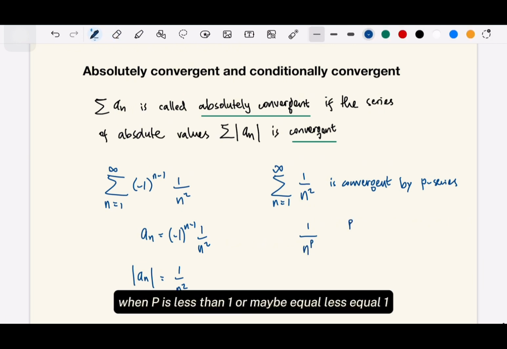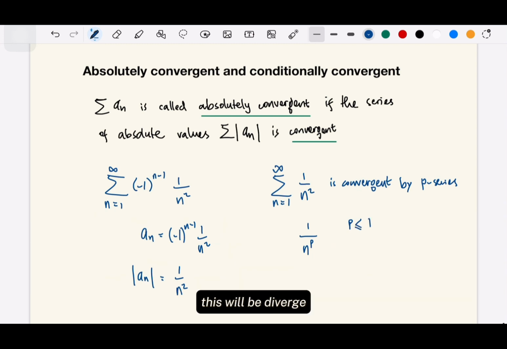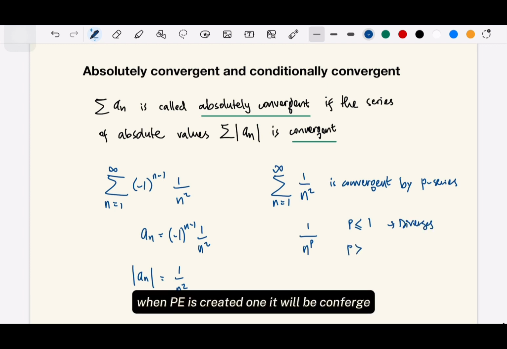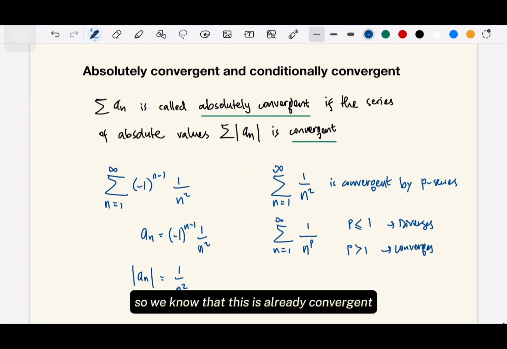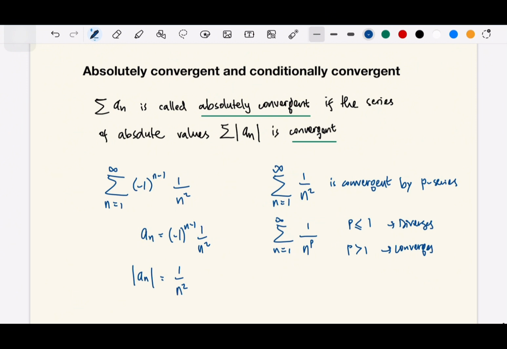When p is less than or equal to 1, this will diverge. When p is greater than 1, it will converge. So we know that this is already convergent.